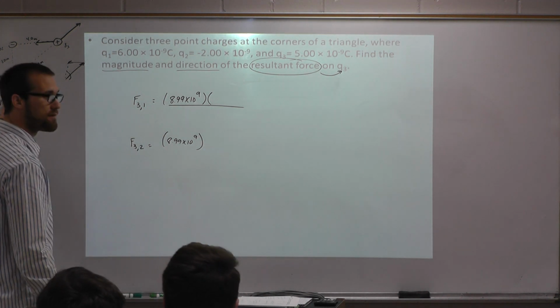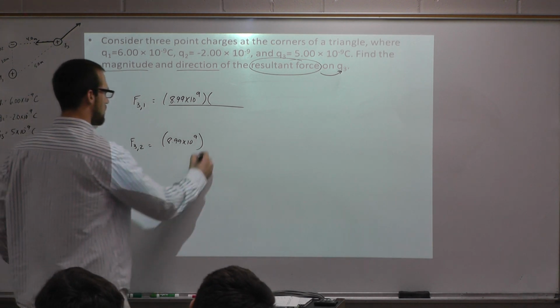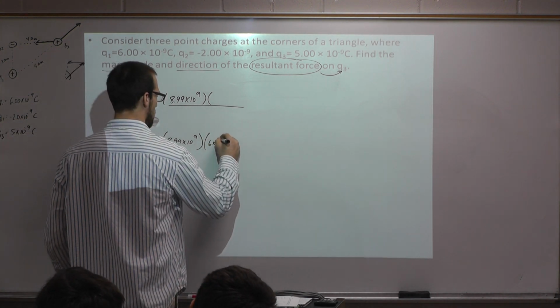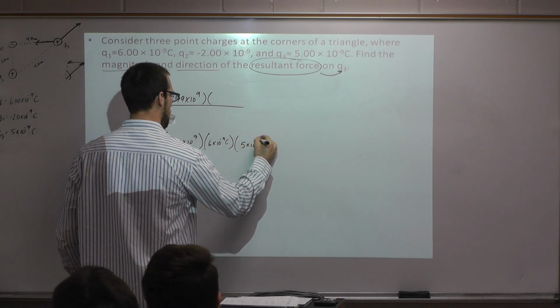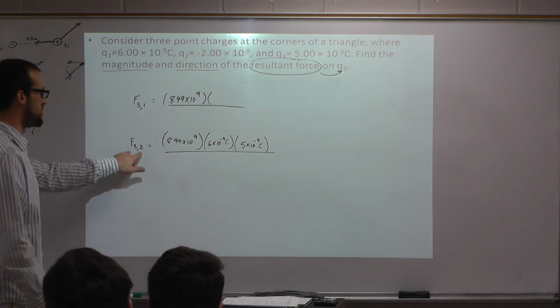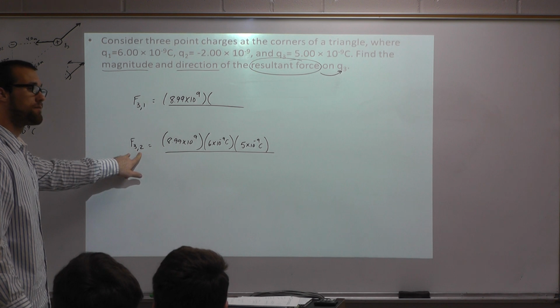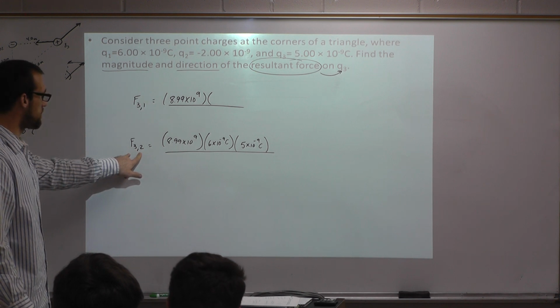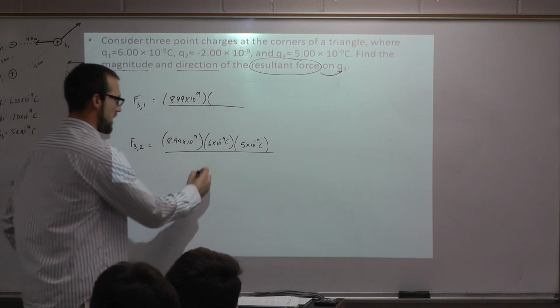That's what these are. And then we want the distance between 2 and 3, correct? What is the distance between 2 and 3? 4 meters, and we gotta do what with it?